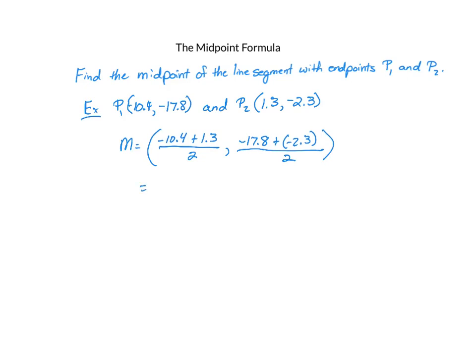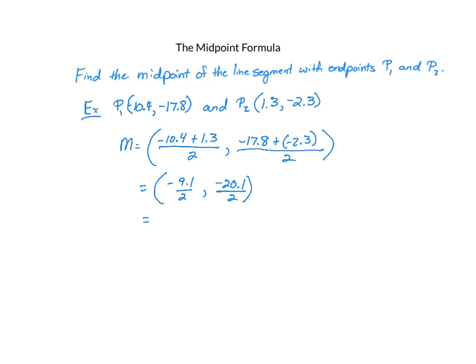We have some arithmetic to do. So for the x-coordinate, we'll have negative 9.1 divided by 2. And for the y-coordinate, we'll have negative 20.1 divided by 2.